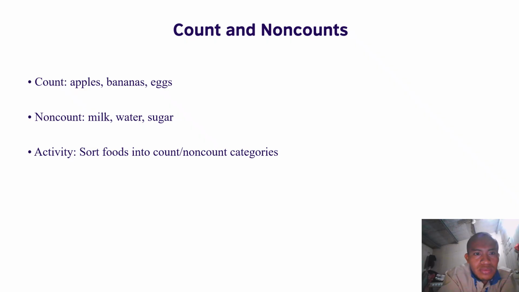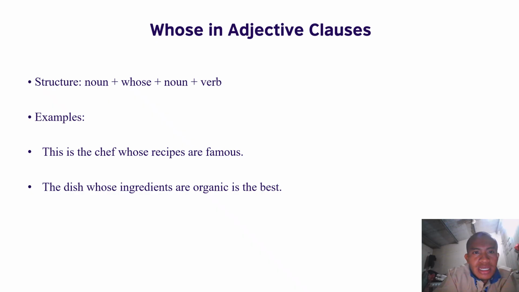So try to sort food into non-countable categories. Here again, remember that whose introduces an adjective clause. Clause means that it has two parts. Inside here we have one verb. The other verb is here, receives.